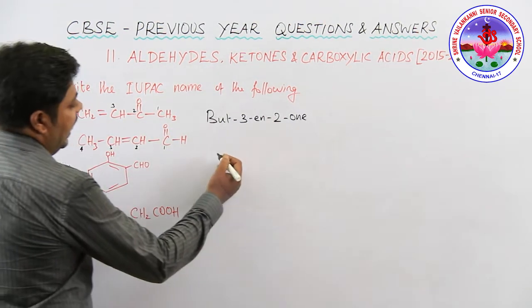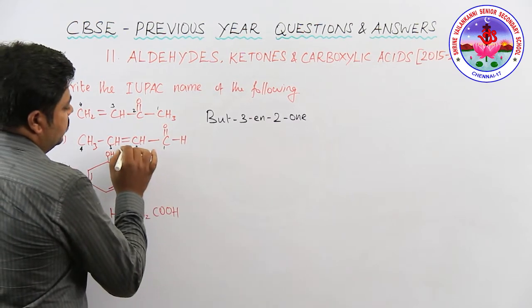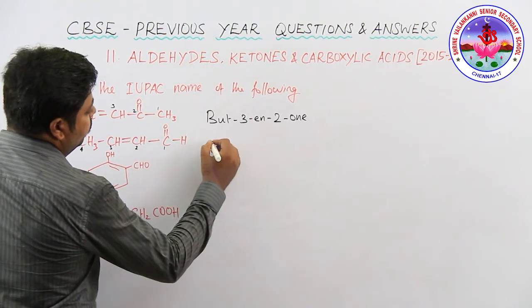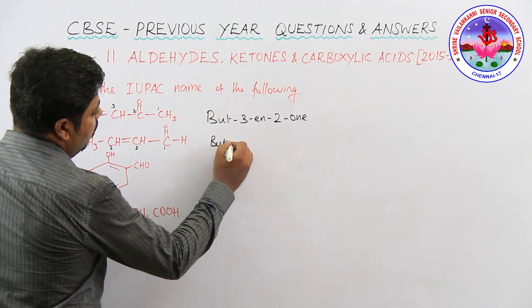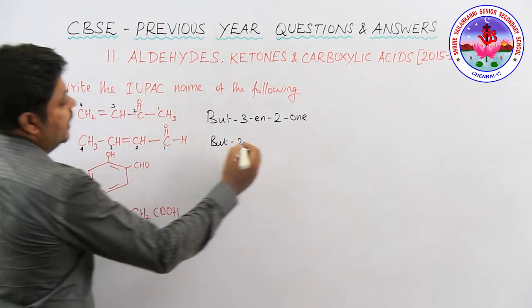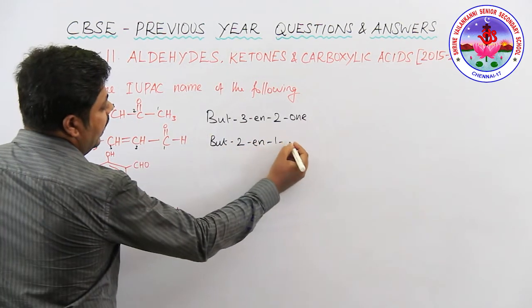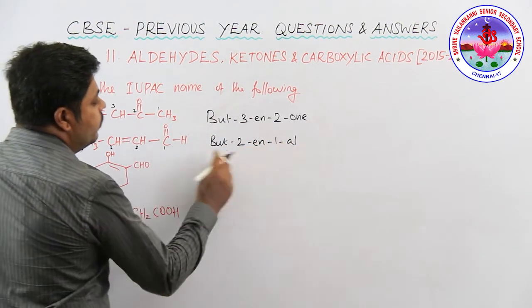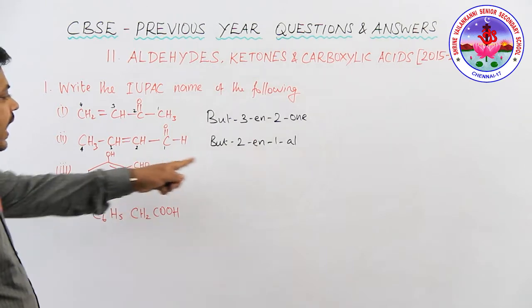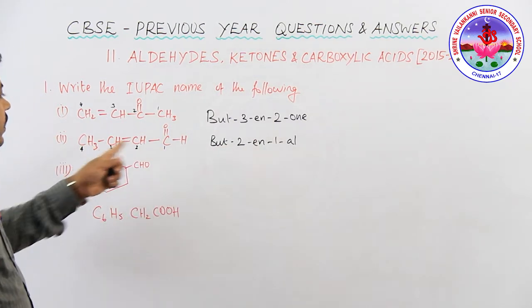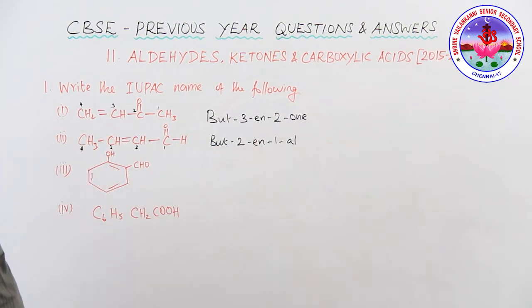Aldehyde means the name ends with al. So but, 2-ene, then 1-al. But-2-en-1-al. This is the IUPAC name of this compound.